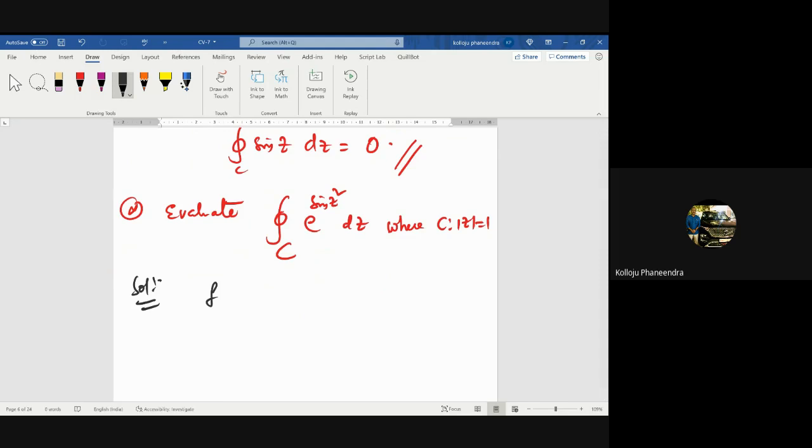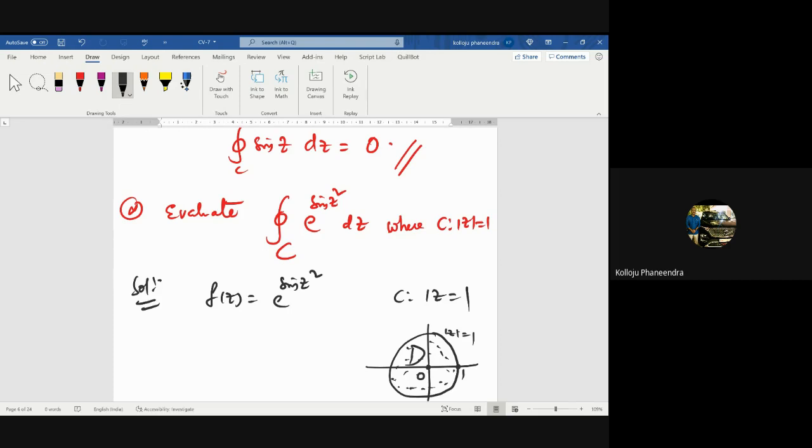Here f of z is e to the power of sin z square. And what is C? Mod z equal to 1, center 0. So this is my domain, capital D, entire.